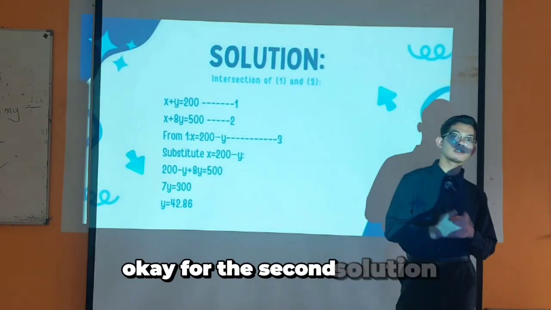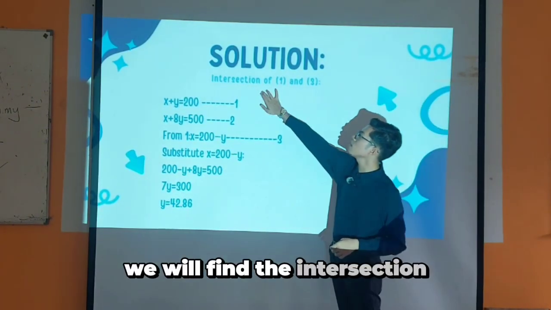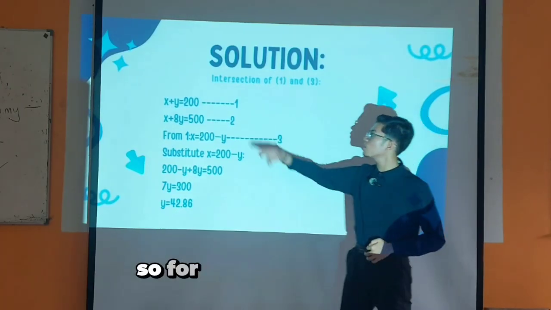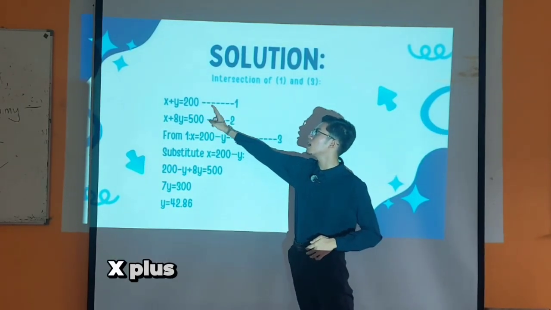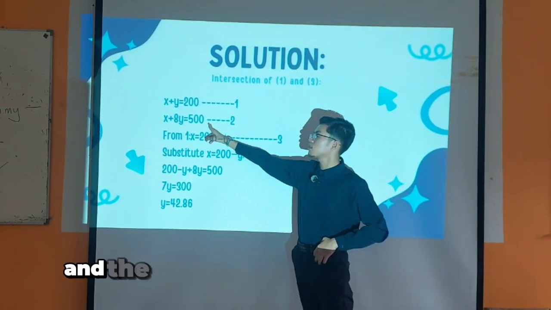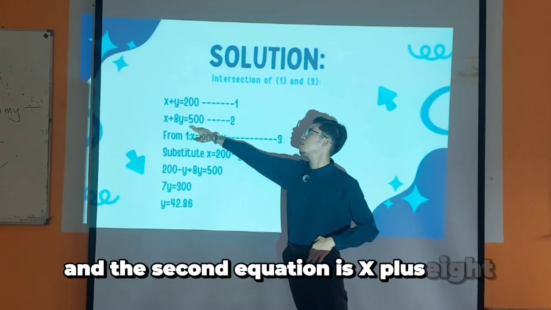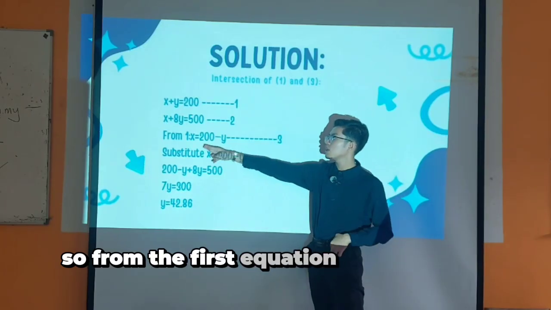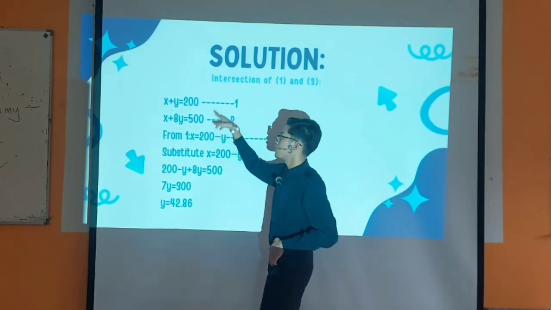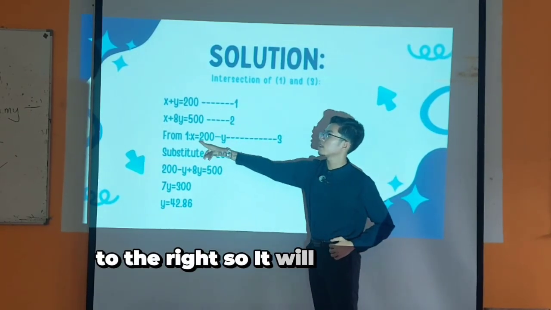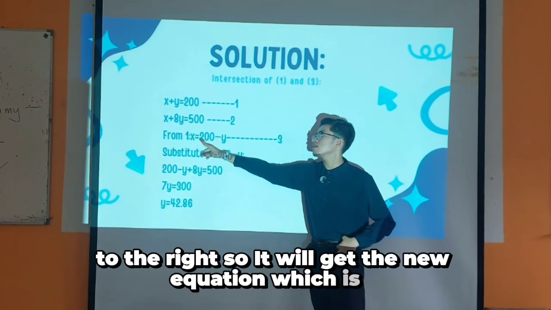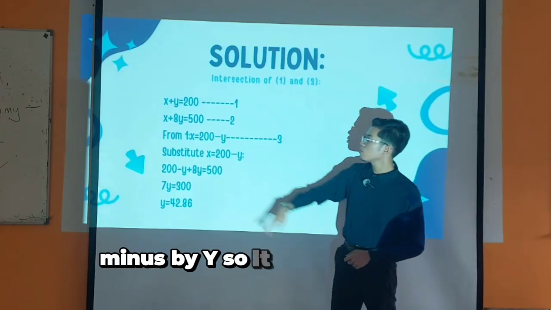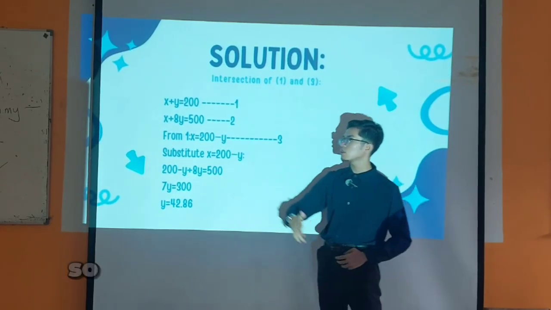Okay, for the second solution, we will find the intersection of the first equation and the third equation. The first equation is x plus y equals 200, and the other equation is x plus 8y equals 500. From the first equation, we move y to the right, so we get the new equation x equals 200 minus y.